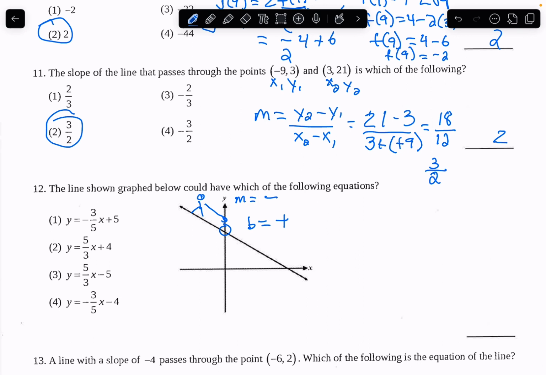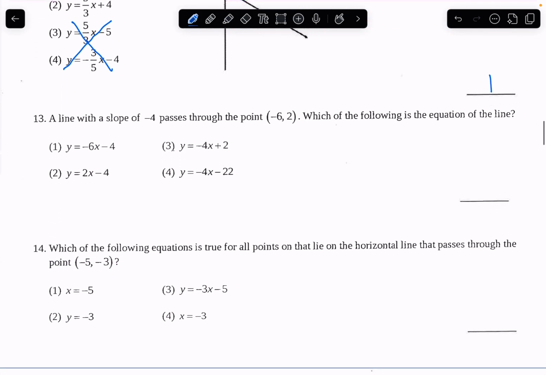Okay, so automatically, we can eliminate these two, choices 3 and 4, because they have negative y-intercepts. So we need a negative slope and a positive y-intercept, and that's number 1. Number 2 has a positive slope. All right, so this one is number 1.